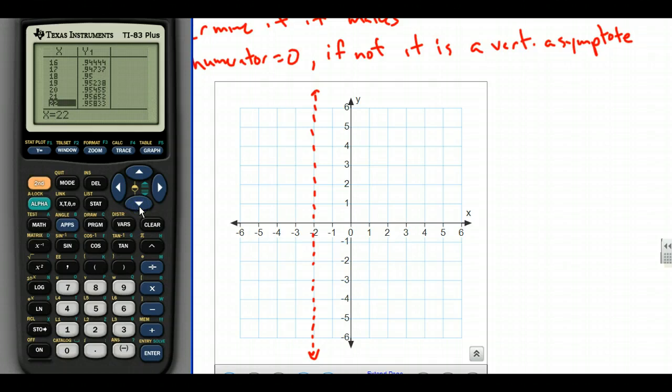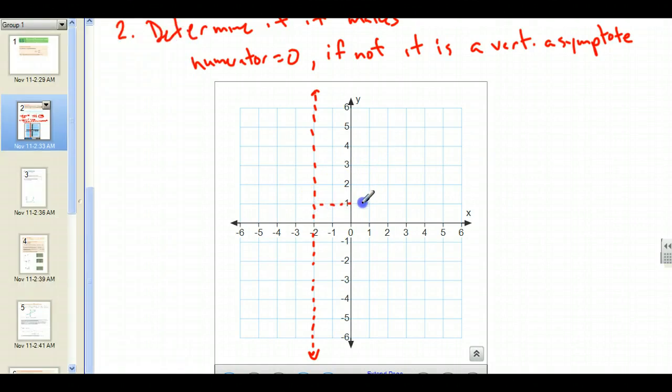Alright, now we'll talk about that later. That's what we call a horizontal asymptote, if it's approaching a value on the left and right side of the graph. But to help us graph this thing right now, I just want to give you a free preview of that.